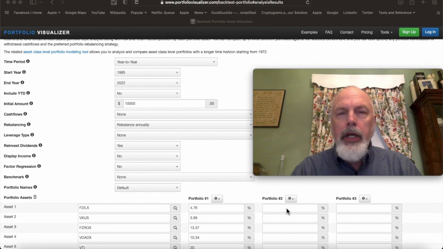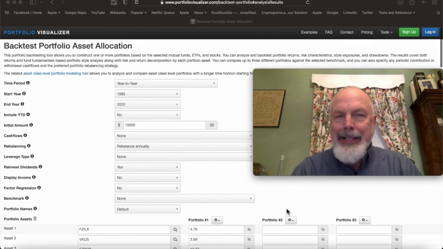So while I'm here in the back testing a portfolio, I'm going to enter in 2 more portfolios to compare what I could replace with the Wellington. One option is to use funds I already have, and another is to use a mega cap fund, MGC from Vanguard, to replace the equity portion of the Wellington fund.